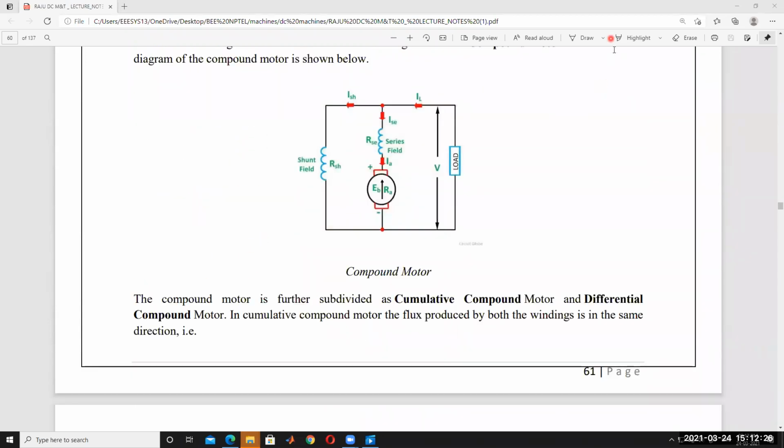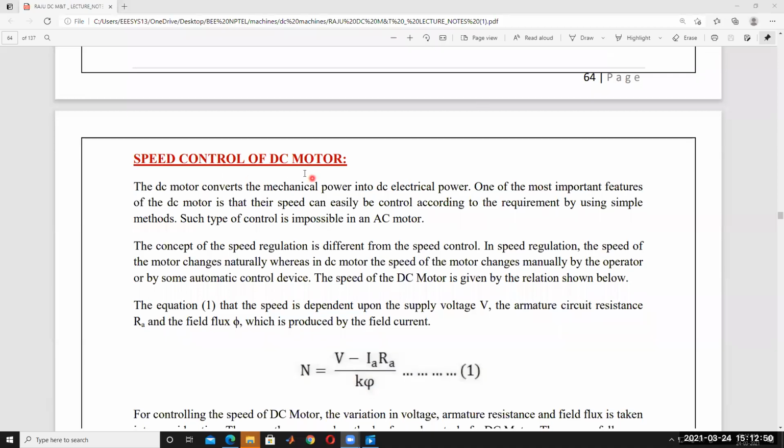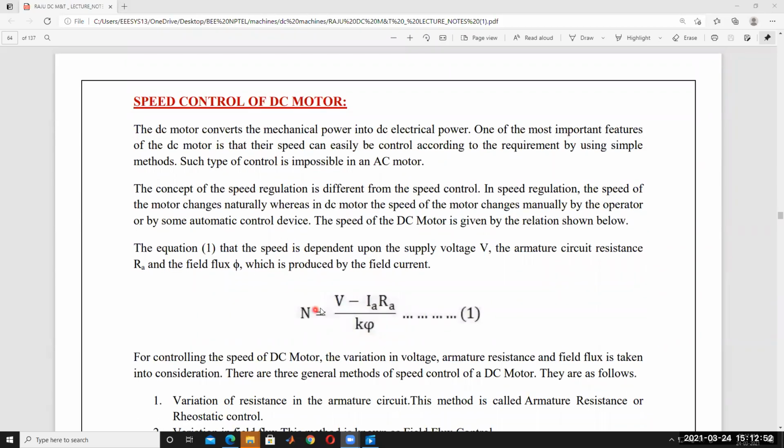Okay. So this is about speed control of DC motor. N is equal to (V minus I_A R_A) divided by K into phi. So the flux is inversely proportional to the speed, and this voltage drop also depends on speed. By controlling the armature current, the speed can be controlled.